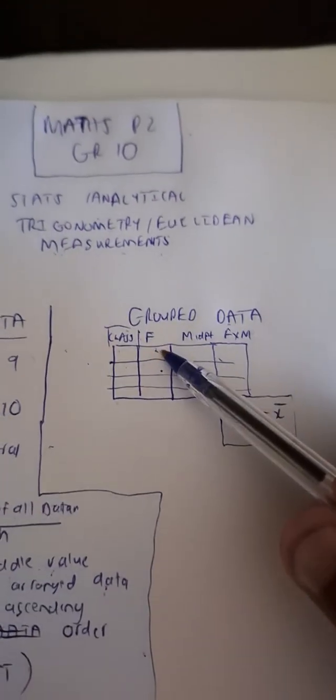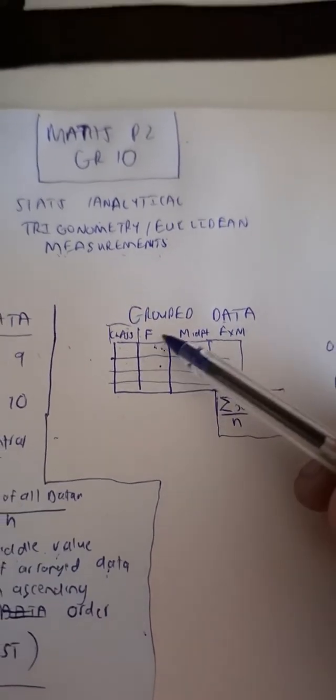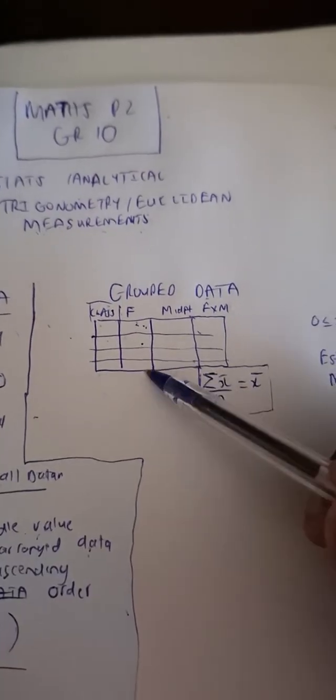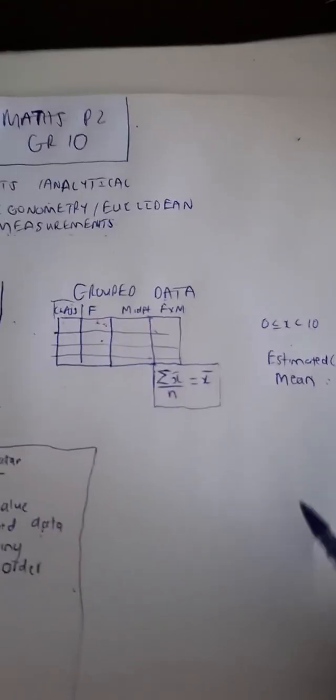So for your estimated mean in grouped data, you have to find your frequency. You then have to find your midpoint of each class interval. Then you multiply each row, get your sum total of the frequency times midpoint total. Then as you calculate your estimated mean, your frequency times midpoint total features in the numerator, and then you divide it by your frequency total.